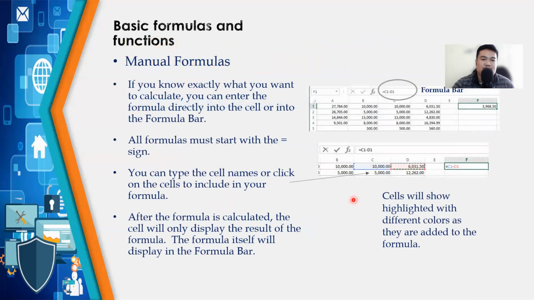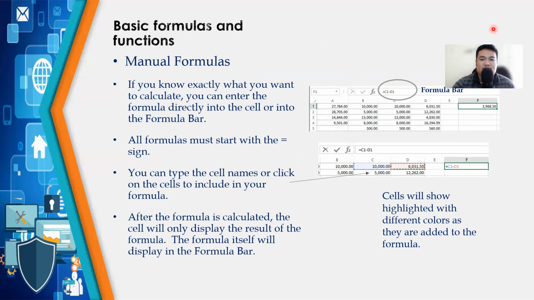Okay, so let's begin. So we have here basic formulas and the functions. First we have what we call manual formulas. If you know exactly what you want to calculate, you can enter the formula directly into the cell or into the formula bar.